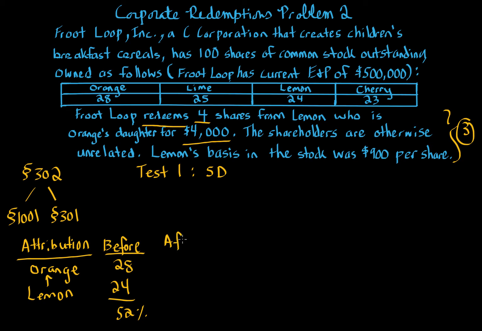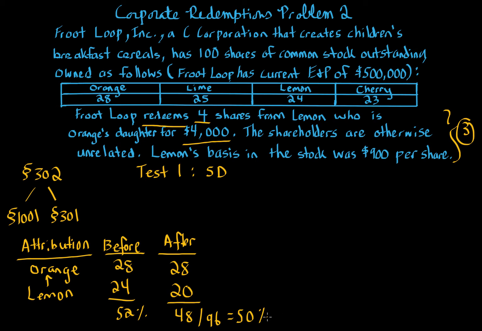The after percentage, so that's not different from last problem, and that's fine. After percentage, Orange has 28, Lemon has 20. How'd I get that? Because there's 24 shares, 4 redeemed, there's now 20 that Lemon has. So this is equal to 48 over the total of 100 minus 4, which is 96. 48 divided by 96 is 50%.